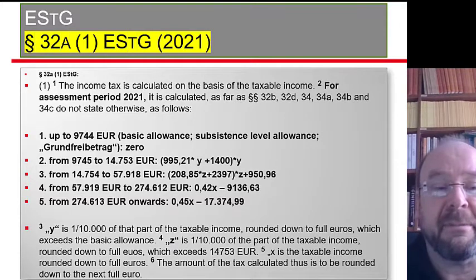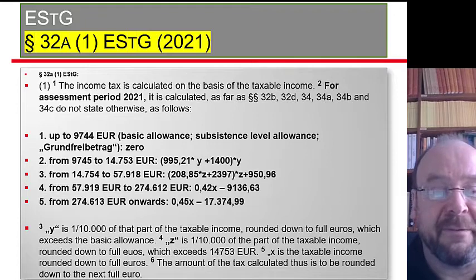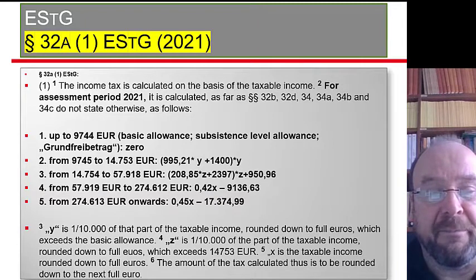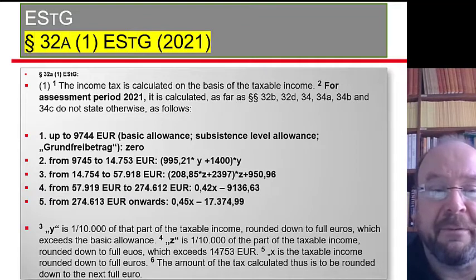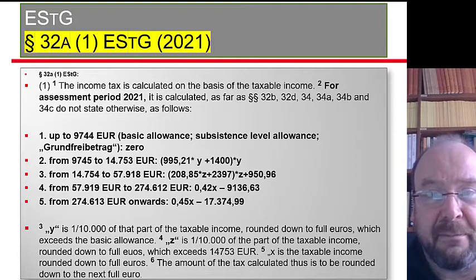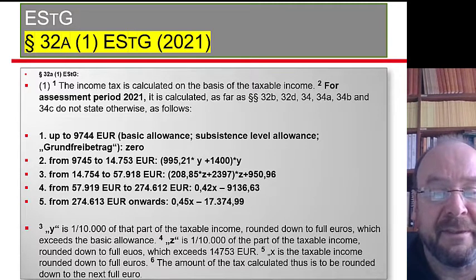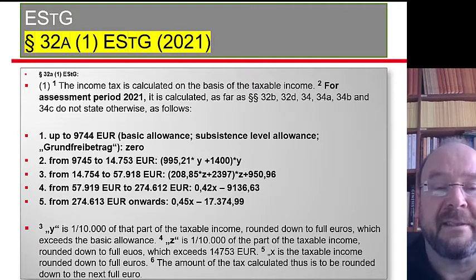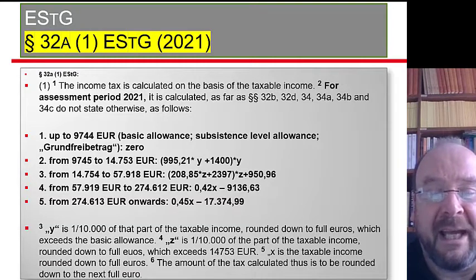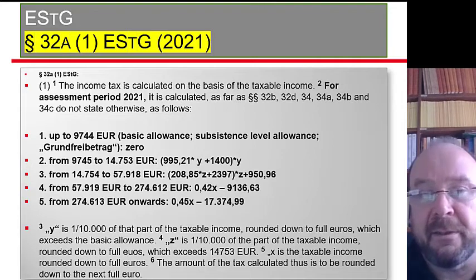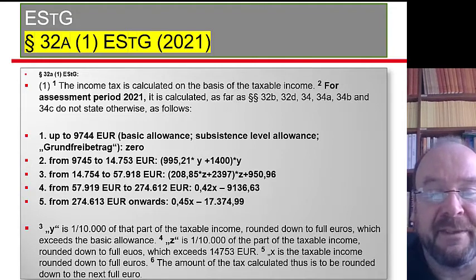With 100,000 we look in bracket number 4, with the formula 0.42x minus a correcting factor of 9136.63, where x is the total taxable income.